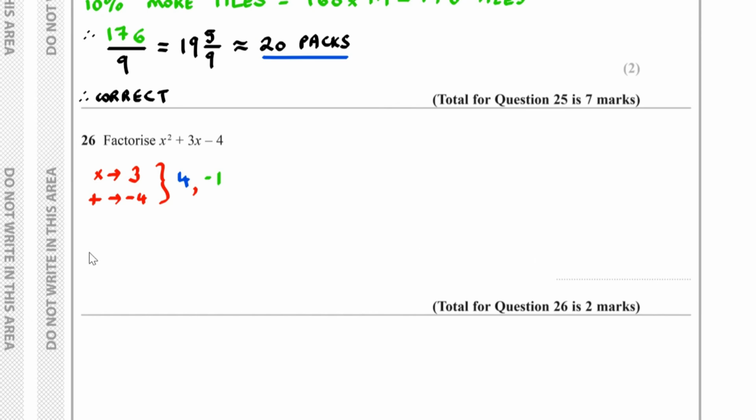So when I come to factorise, I have x plus 4 multiplied by x minus 1. So I've got x plus 4 times x minus 1.